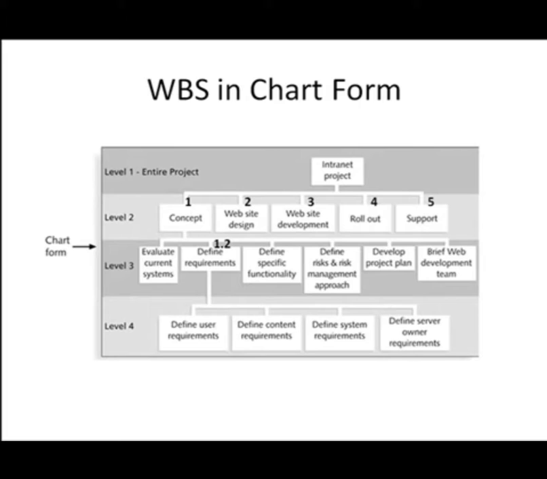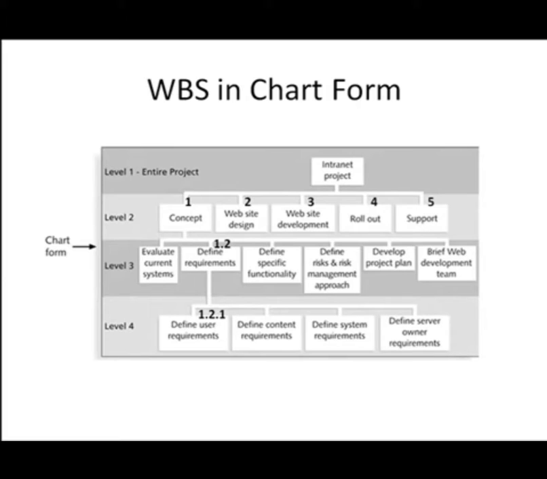Well, that second one you'll notice is listed 1.2, which is because it's under the tree concept, and the second entry. Well, if you keep drilling down into the defined requirements, you'll see that the first task under defined requirements is 1.2.1.